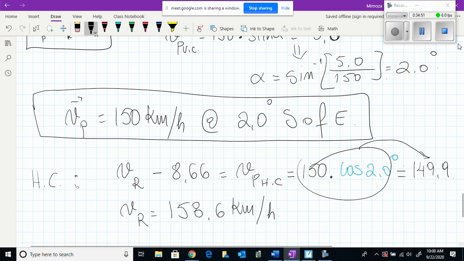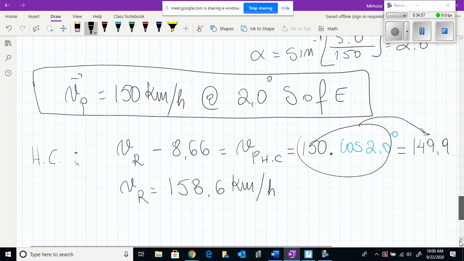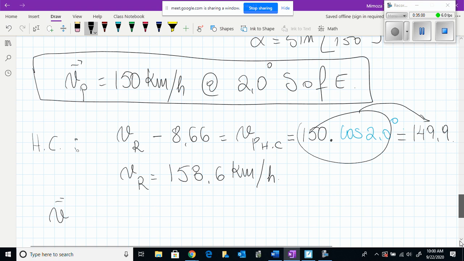And if they're asking you what is the resultant velocity, then you will say it is 158.6 kilometers per hour going east.